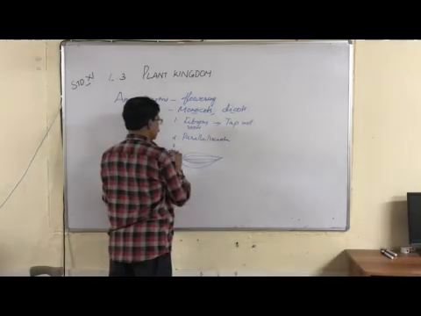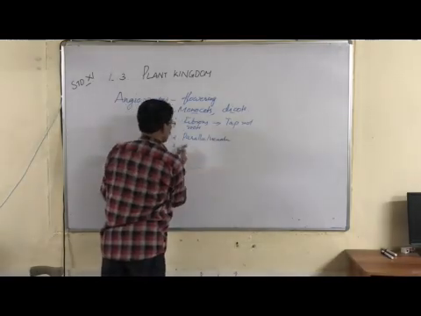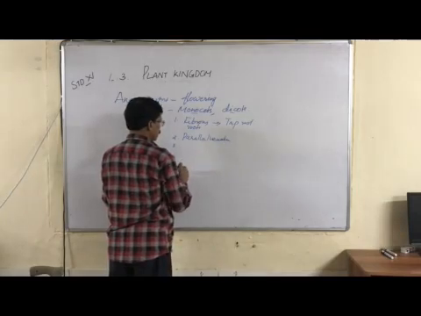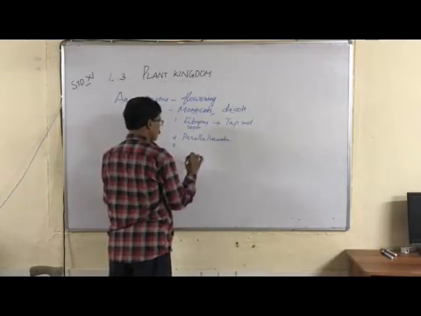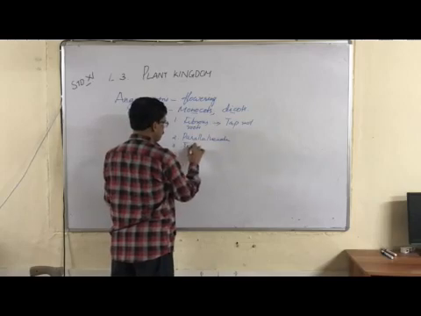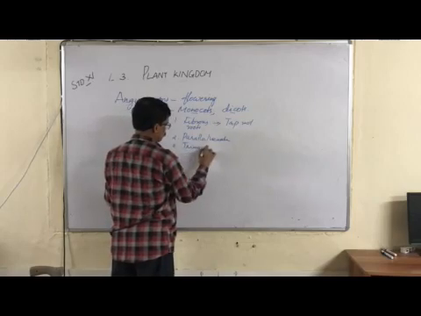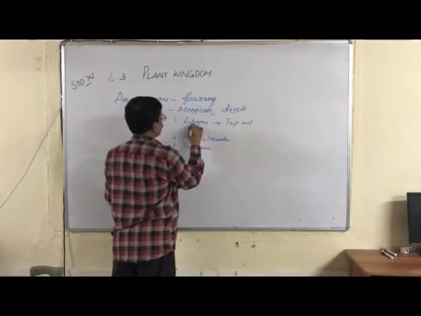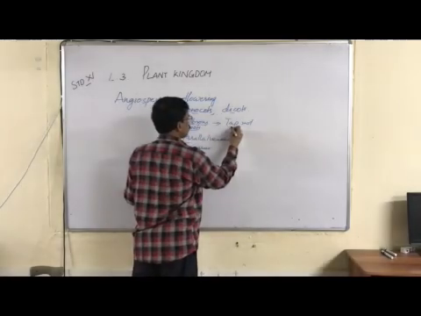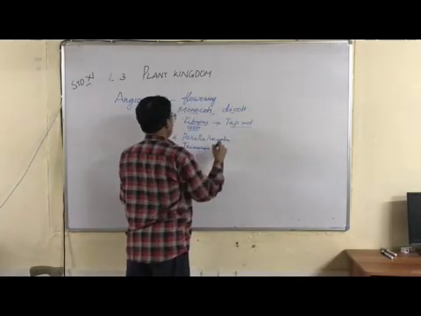Then we can say the third difference. You can see the flower is with three sepals or petals, three whorls, a trimerous condition. So the monocots are with a fibrous root system and the dicots with the taproot system.